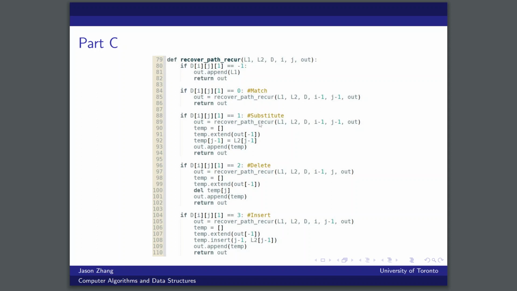So for example, in the substitute, we have this bit of logic, temp j-1 is equal to L2 j-1. This is the substitution happening. In the deletion, we have a delete. In insertion, we have an insert. So these are all examples of how we're modifying the list and then appending that modified list to our out.